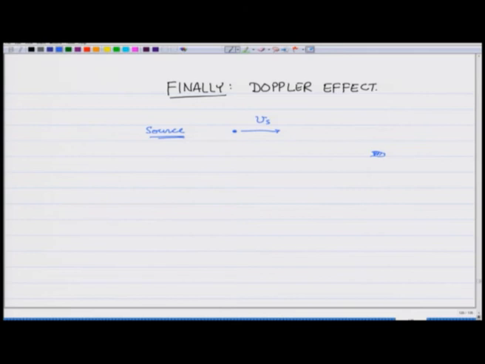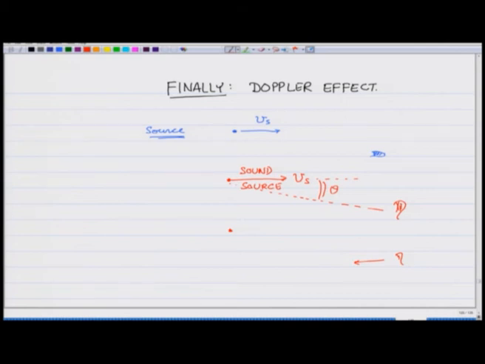The most common thing is that the source is a sound source and I hear it, standing at some point. So, this is moving with v source and I am standing at an angle from the direction in which it is moving. Or it could so happen that the sound source is stationary and I as an observer am moving, or a combination of the two.